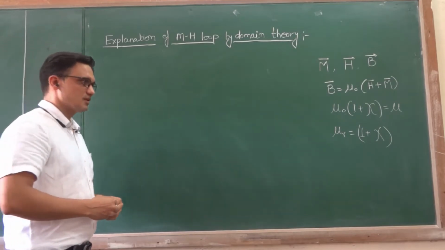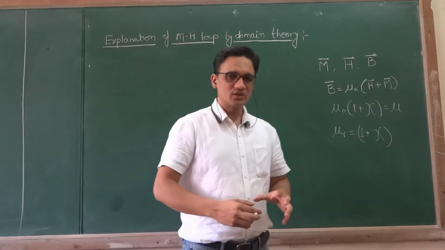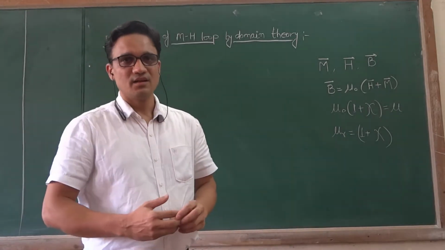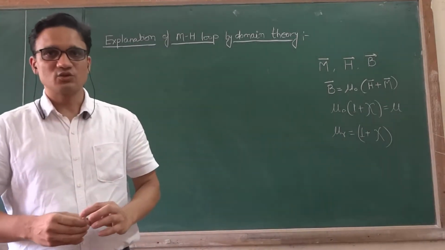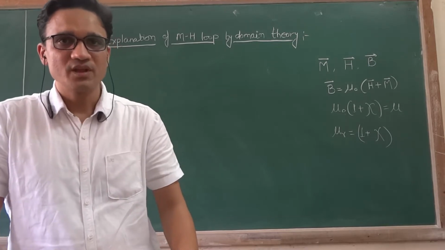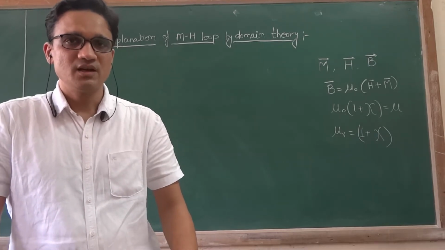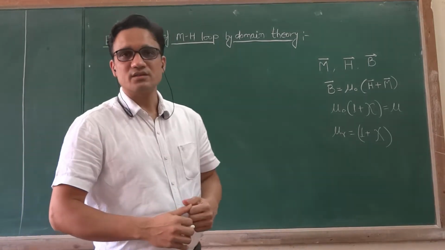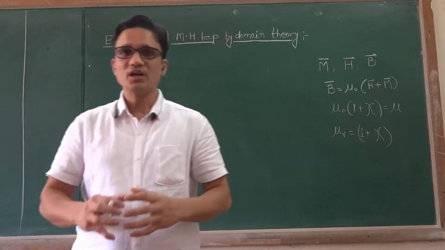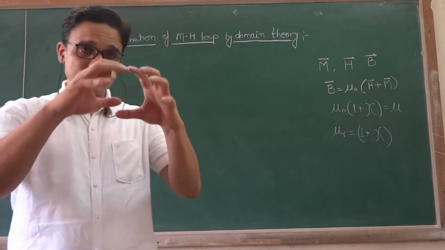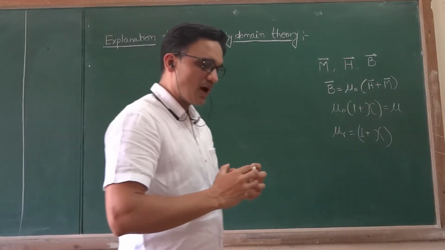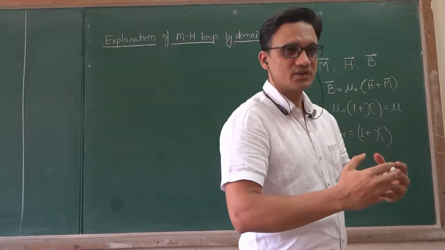What are domains? In the previous class we discussed that the magnetic moments in the lattice start to interact through exchange interaction, and they try to align in a particular direction. So if you look into the bulk material, there are localized regions that have some magnetic moment in a particular direction.